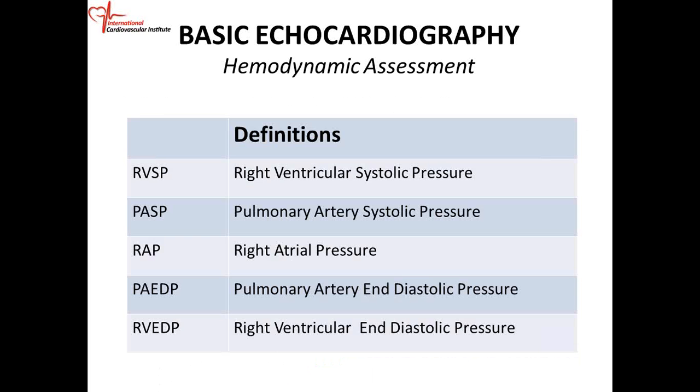So you have to do this in multiple windows because you want to get your ultrasound beam as parallel to your blood flow as possible, because of the cosine of your angle theta. Cosine of 0 is 1. Cosine of 90 is 0. So you want to get your ultrasound beam as parallel to blood flow as possible.